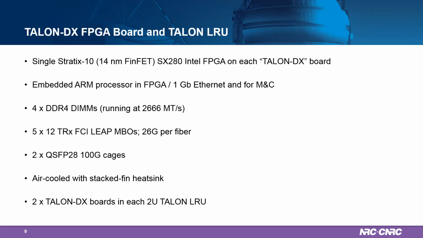They can run at 26G per channel, and 2 QSFP28 cages for doing 100 gigabit Ethernet. It's an air-cooled board with a stacked fin heatsink, and we put 2 Talon DX boards in each Talon LRU, and that's a custom server that's 2U in height.